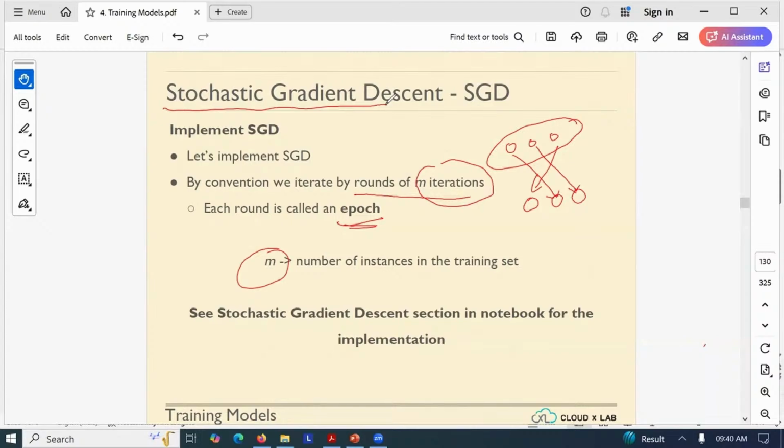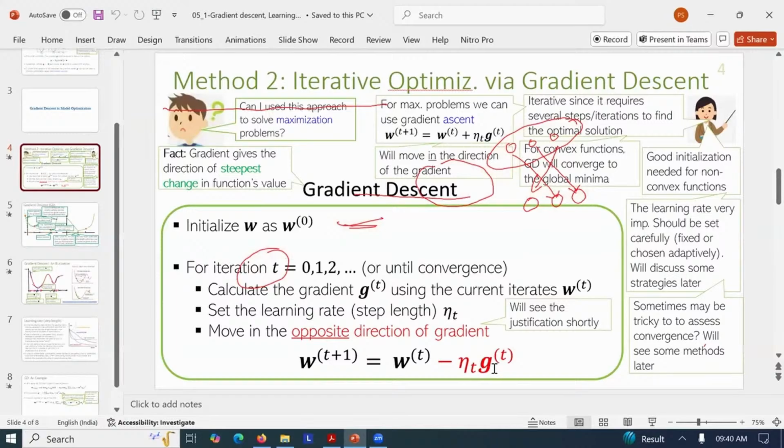In each iteration we calculate g_t using a single training example, so since we have m data points, there will be m g_t's.